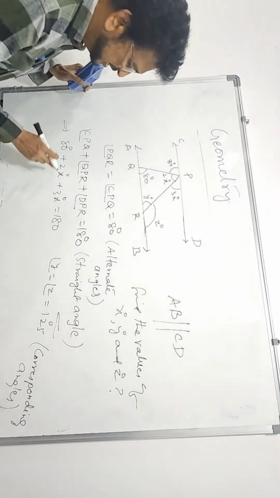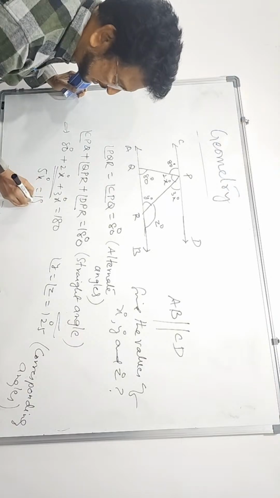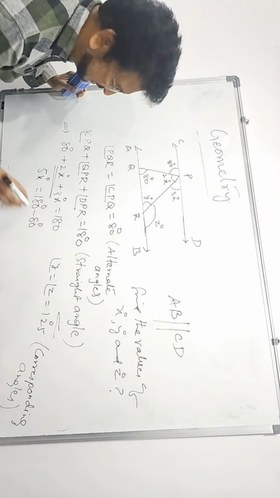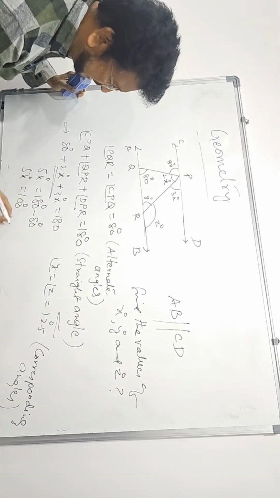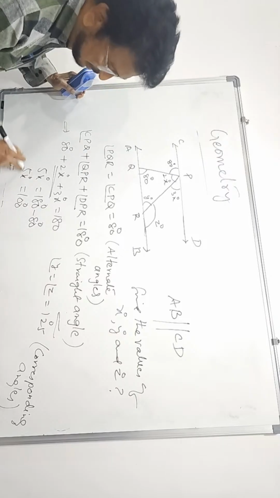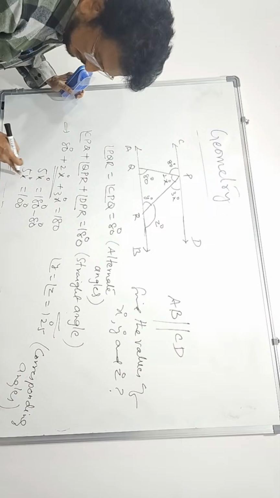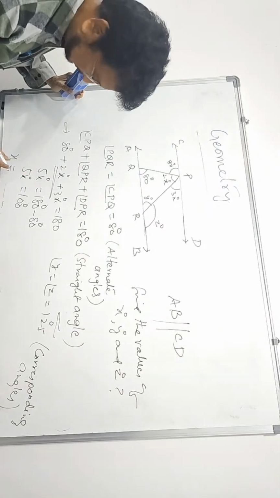Solve it. 3x plus 2x is 5x. 180 minus 80 is 100. 5x is equal to 100. Then x is equal to, divide both sides by 5. 5x by 5 cancels out. And 100 by 5 is 20.